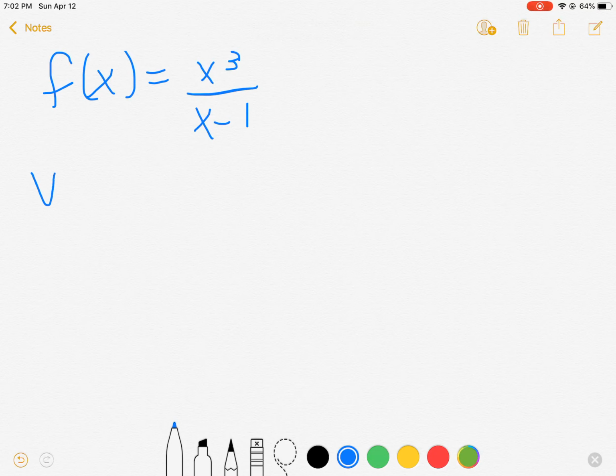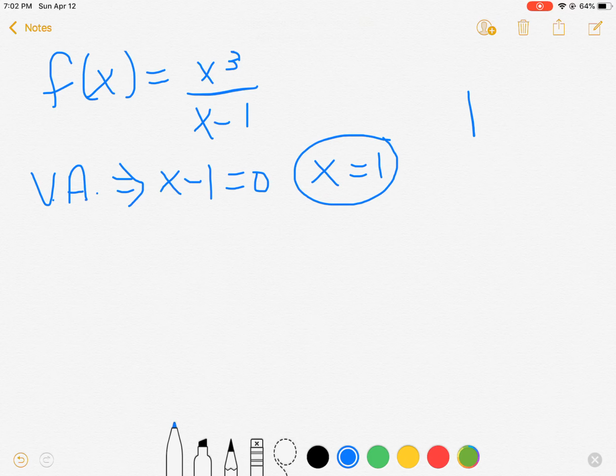To find our vertical asymptote, we take our denominator and set it equal to 0 and solve, and x is equal to 1. That is my vertical asymptote, so I could go ahead and dash that in.